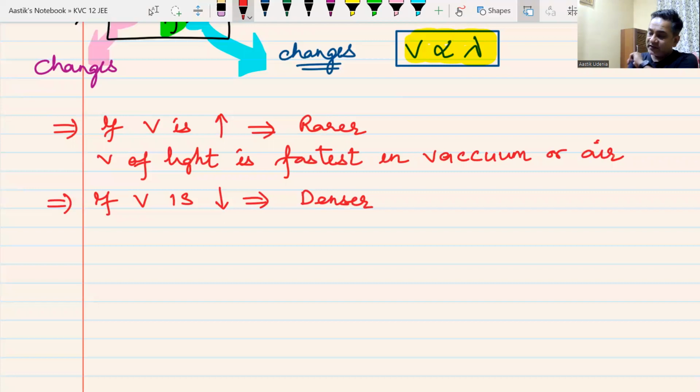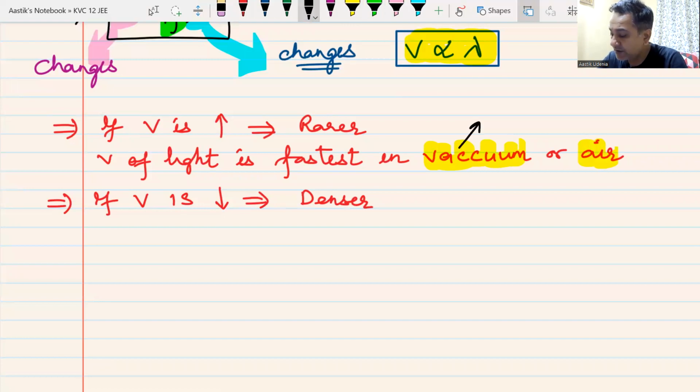Speed of light is fastest in vacuum or air. Therefore, vacuum or air are known as the rarest medium. Do we understand this? No medium is rarer than air or vacuum.